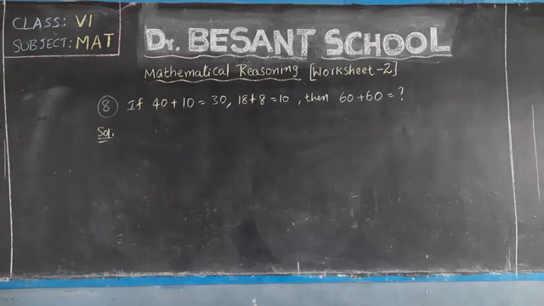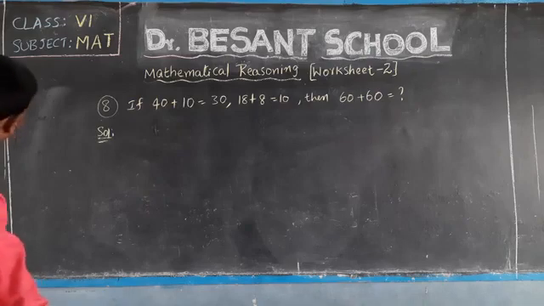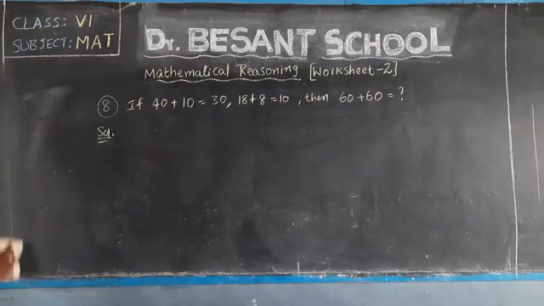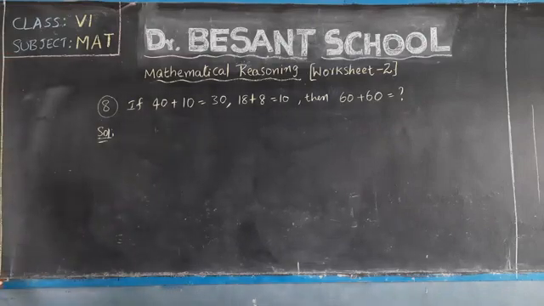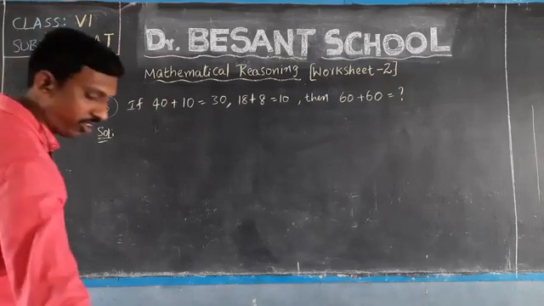So based on the two hints given, 40 plus 10 is equal to 30 and 18 plus 8 is equal to 10, then how much is 60 plus 60? Try it yourself. Guess the logic behind it. So what is given in place of plus? 40 plus 10 is given as 30. Check yourself.